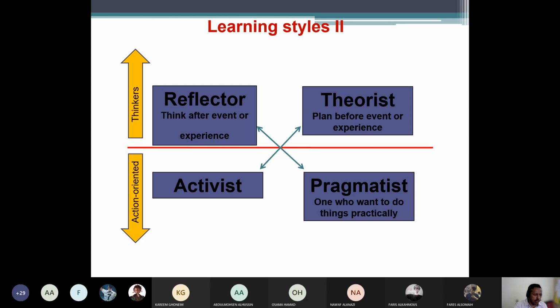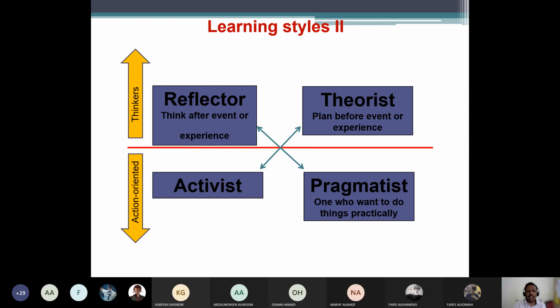Activists, they want to perform directly. Let's say example is mobile phone. If you get a mobile phone, you start scrolling through the screens and learning where is the app, where are the galleries, where is the setting, like that. You don't go and read the brochure or the paper. Where is the start button? Where is the settings? No, you do actually on the phone.